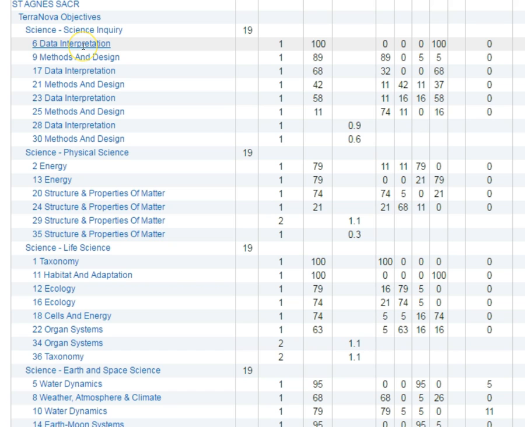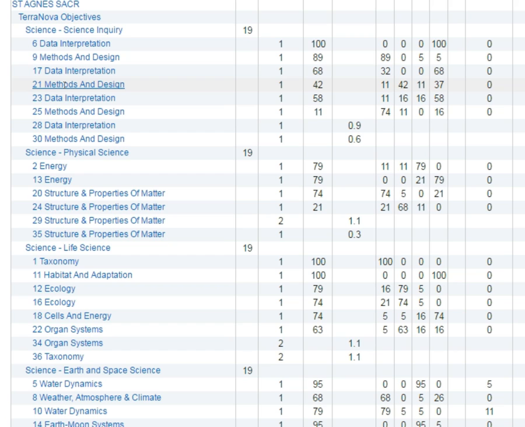Here we have the skill of data interpretation. Now, every school has a guidebook for the TerraNova, and it tells you what is meant by each skill at each level.